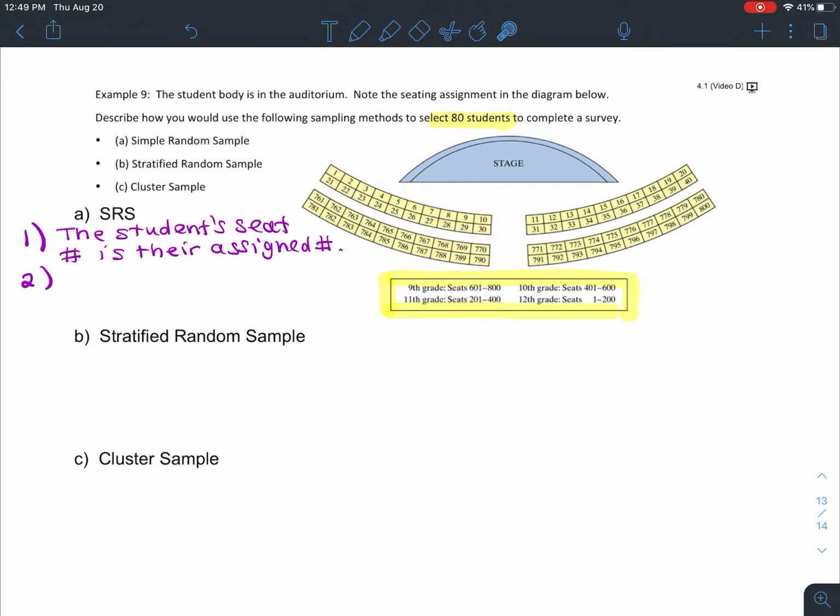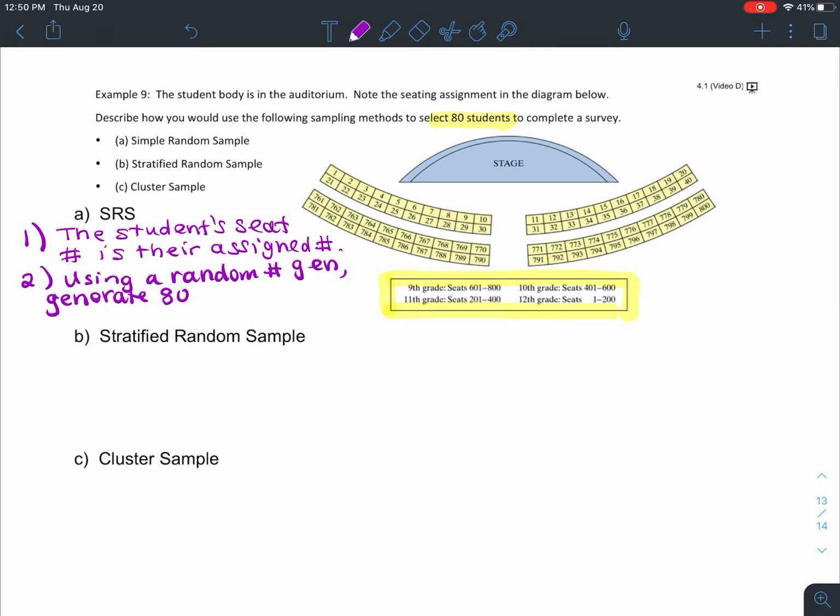Now since these seats are not assigned 3 digits, but they go all the way up to 3 digits, in my explanation, I'm not going to use a table of random digits. So I'm going to say using a random number generator, generate, now keep in mind, our goal is a sample size of 80.